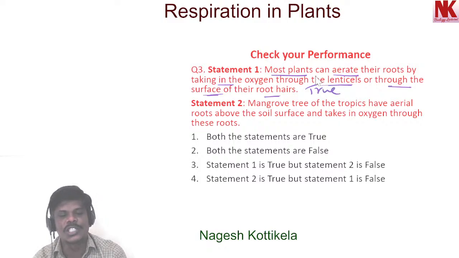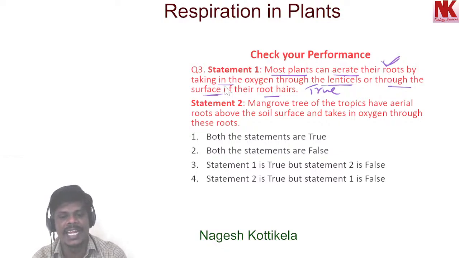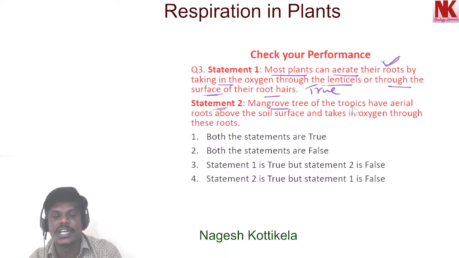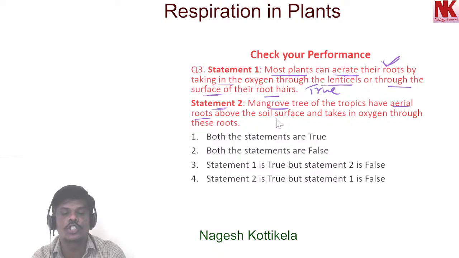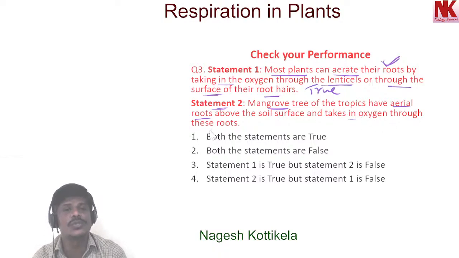Most plants can aerate their roots by taking in oxygen through the lenticels present on the root surface or through the surface of their root hairs. Now the second statement: mangrove trees of the tropics have aerial roots above the soil surface and take in oxygen through these roots. Is this statement correct? Yes, obviously this is true.